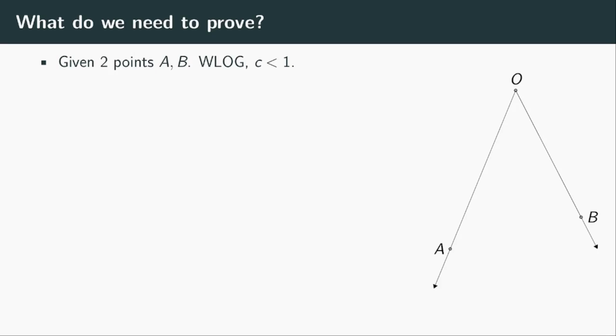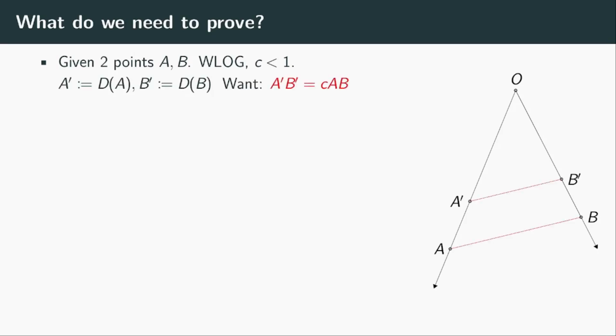Okay, so now we define A prime and B prime to be the images of A and B under the dilation. And we want to look at the segment AB and the segment A prime B prime. What I want is the length of the segment A prime B prime to be c times the length of the segment AB.